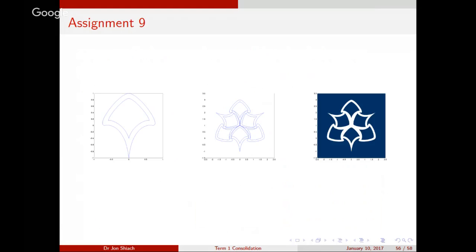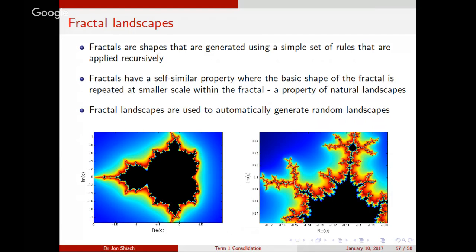And finally, pretty pictures, fractals, which we sort of mentioned this morning. Fractals are shapes which are generated using a recursive set of rules, normally a mathematical function. Fractals have a self-similar property. Self-similar means the basic shape of a fractal is replicated within the fractal at different scales.